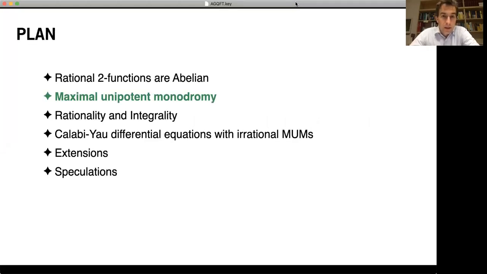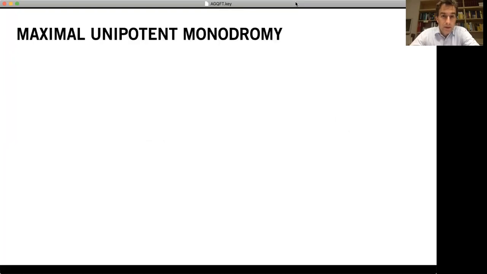I know how they arise and why you're interested in this question about bases. So let me go back to maximal unipotent monodromy and explain. This is shifting gears quite a bit, to bring in Hodge theory and so on.